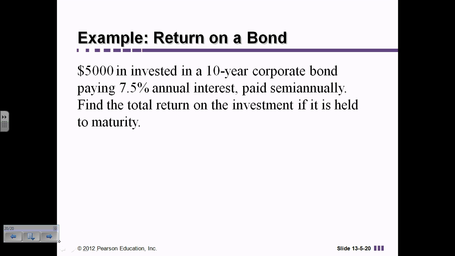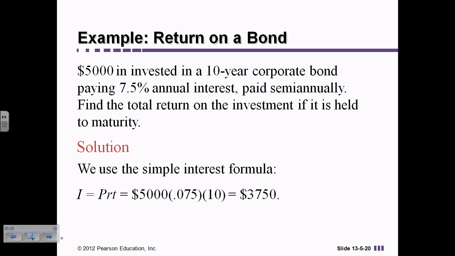So an example, let's say I have $5,000 invested in a 10-year corporate bond paying 7.5% annual interest, paid semi-annually. Now, because this is a bond, the semi-annually really doesn't matter because they are not going to accumulate this percentage or this principal or anything like that.